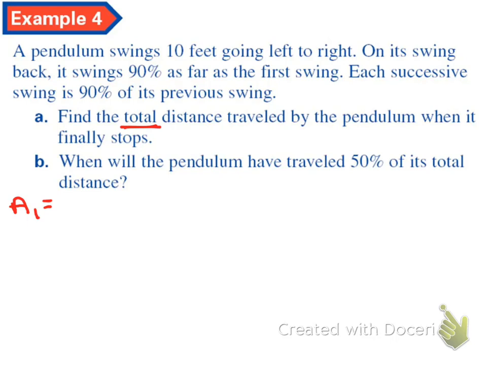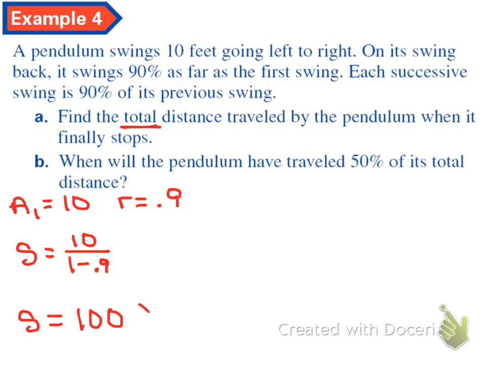The first term is 10 feet. And then the rate. The rate is 90%, or 0.9 as a decimal. Remember, for an infinite sum, it'd be the first term, which is 10, divided by 1 minus the rate, or 1 minus 0.9. So when the pendulum finally stops, it would have traveled 100 feet.